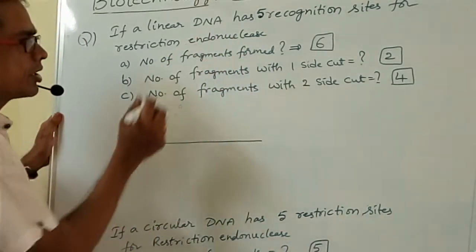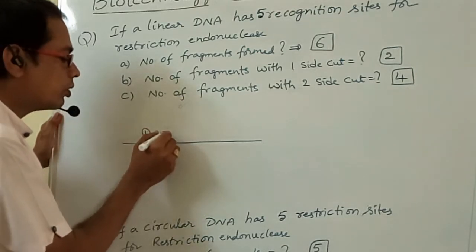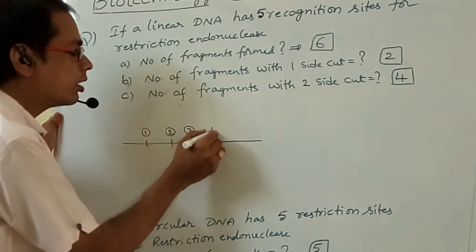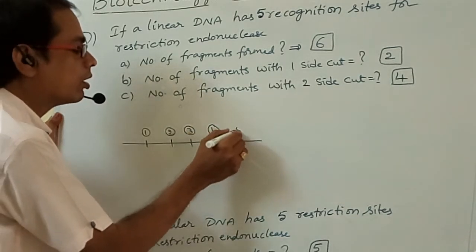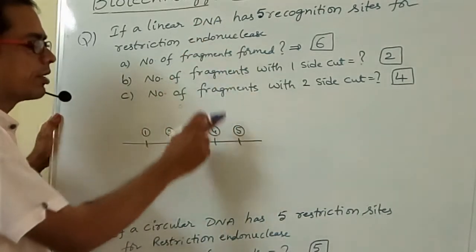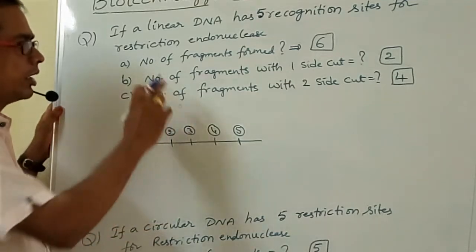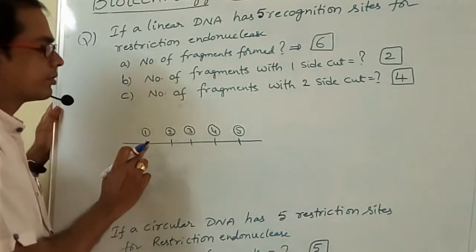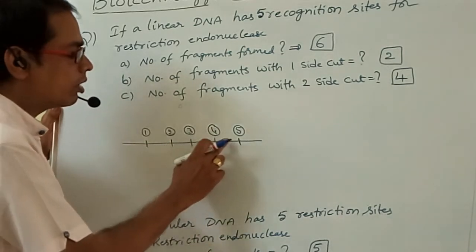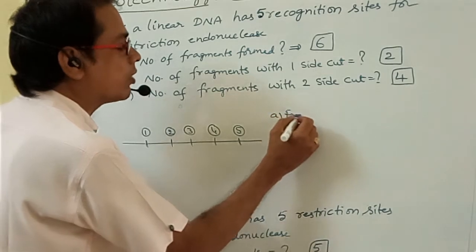Linear DNA means like this. So 5 recognition sites: 1, 2, 3, 4, 5. Number of recognition sites is 5. That means 5 cuts. Okay. Number of fragments formed means 1, 2, 3, 4, 5, 6.